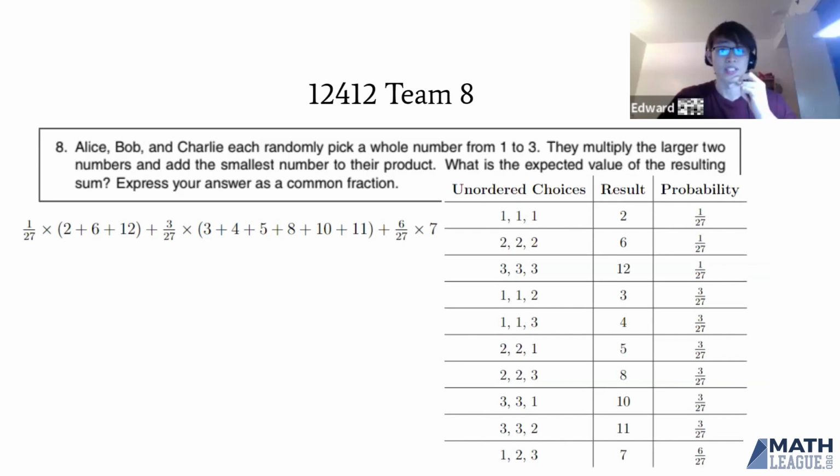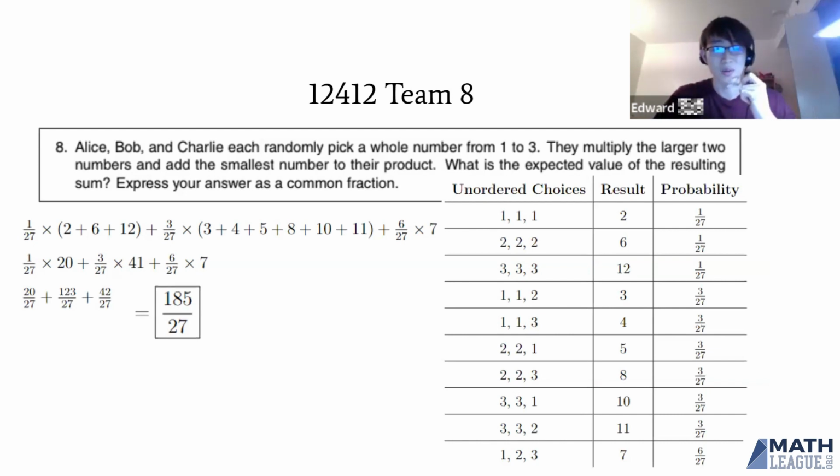From here, it's all arithmetic. Inside the parentheses, we do the addition first, then multiply, and then add the fractions again to get a final answer of 185 over 27. That is not simplifiable because 27 is 3 cubed, and 185 is not divisible by 3. So that is the answer to team 8.